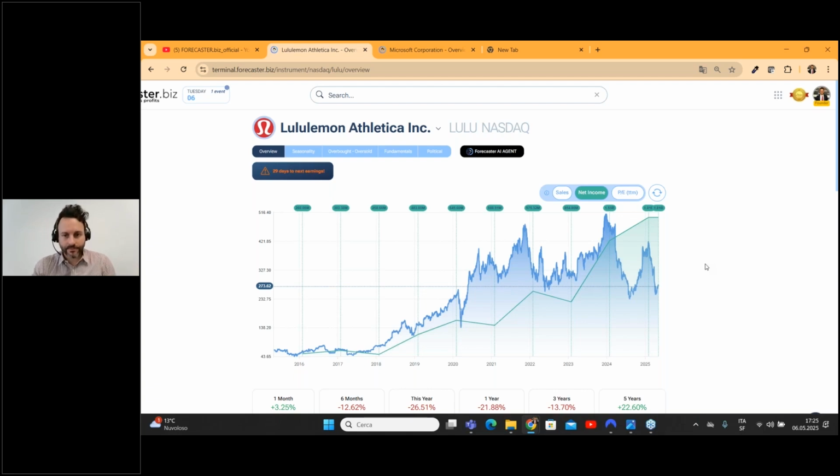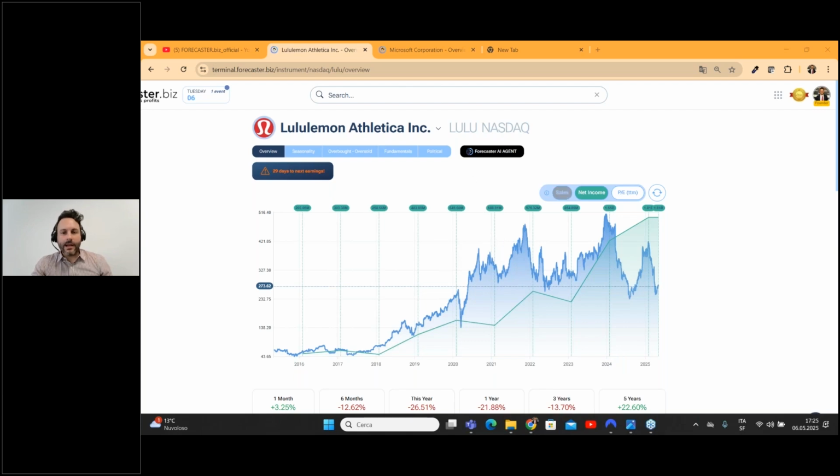If the company is good enough for the long run, it could be a really nice buy right now, because the stock is very low, of course.